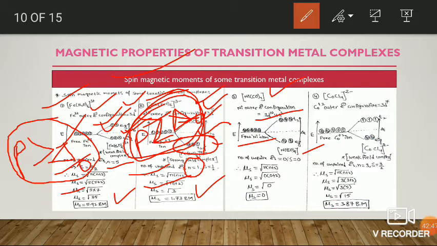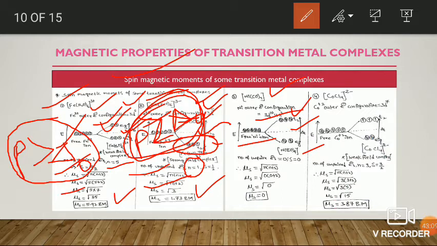If you observe the splitting pattern according to CFT, the EG set gets lower level, T2G set higher level, which is quite opposite to the octahedral complexes. So the first 4 electrons enter into the E set due to the higher energy separation.